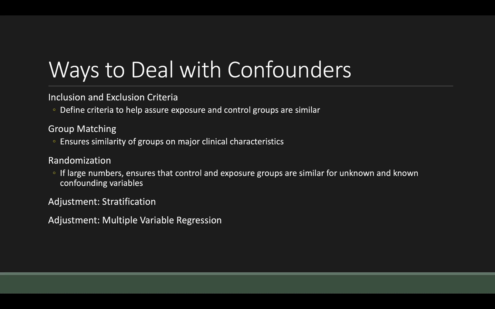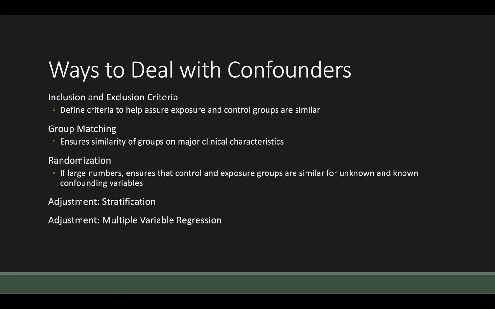You can also use group matching. In this example, say you want to say, I want such and such percent of patients in this group to have ibuprofen in addition to aspirin, so then I will try to get the same percent of patients in my placebo group that's on Motrin and aspirin. Or you can use randomization.